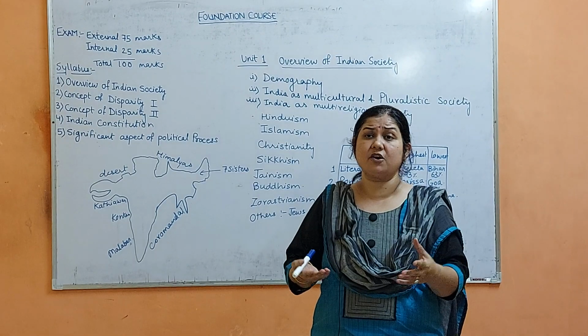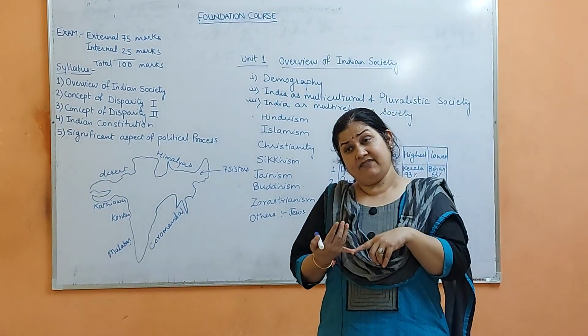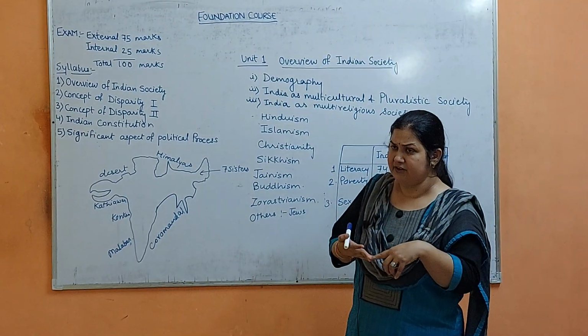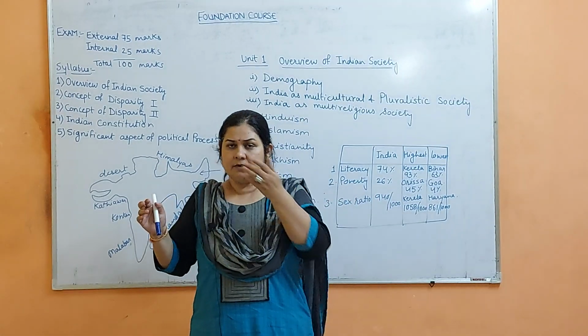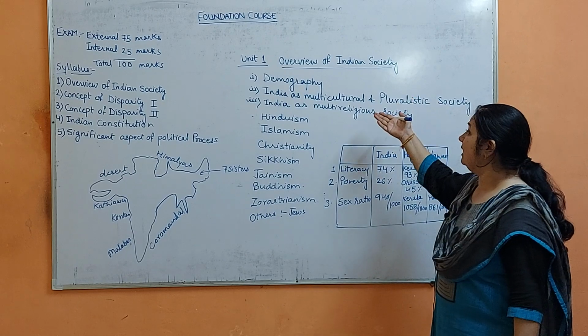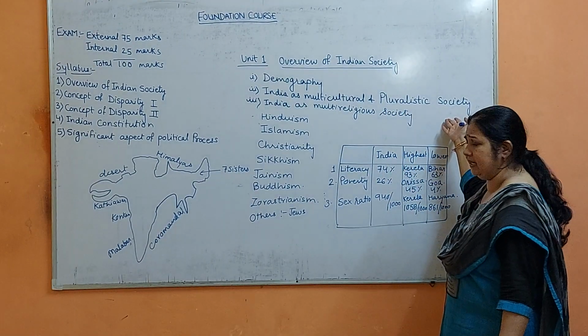Whereas in India it is not so. It is like a salad bowl where you can identify radish, where you can identify carrot, where you can identify tomatoes, onion and other things. So this is about the Indian culture, how India is a multicultural society and a pluralistic society.